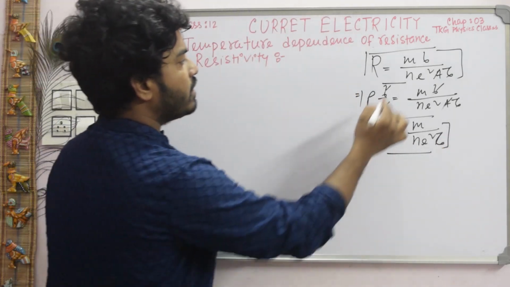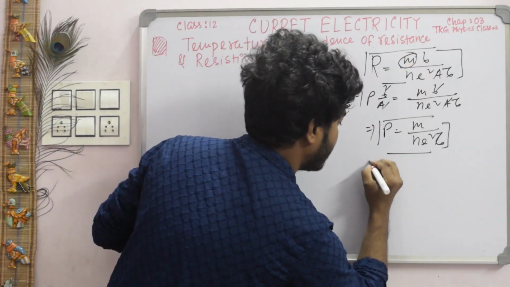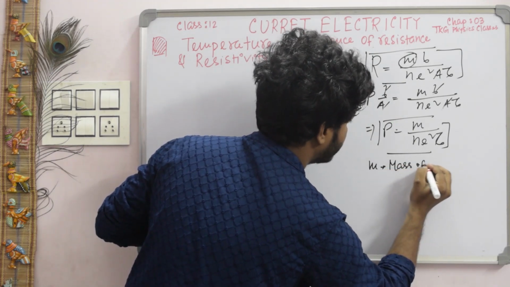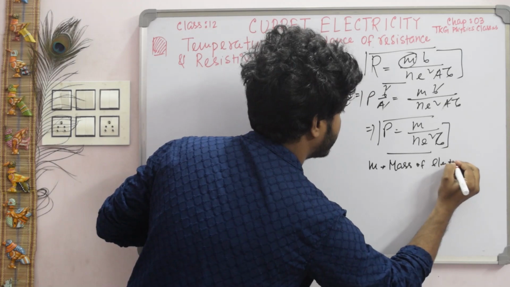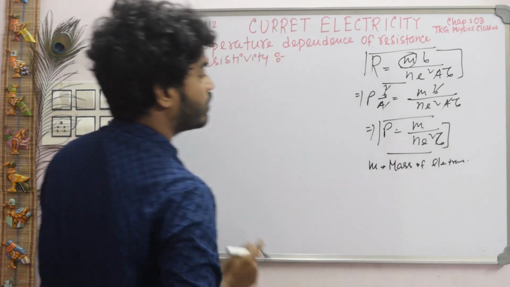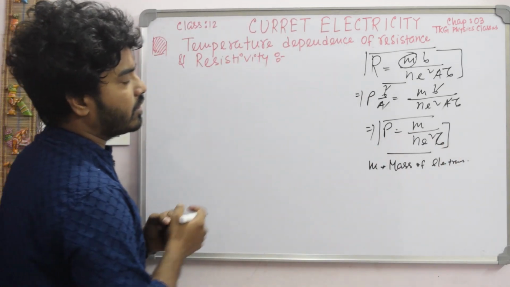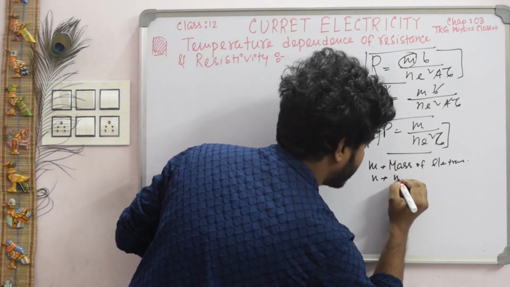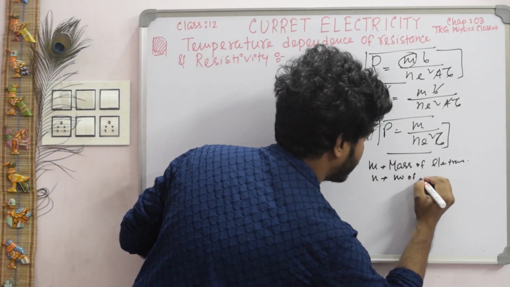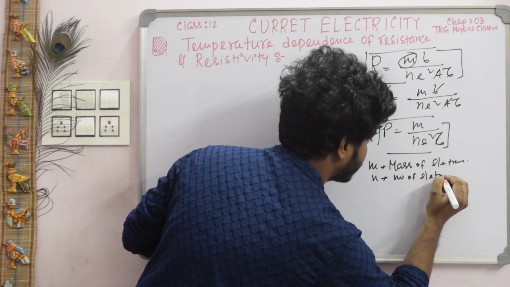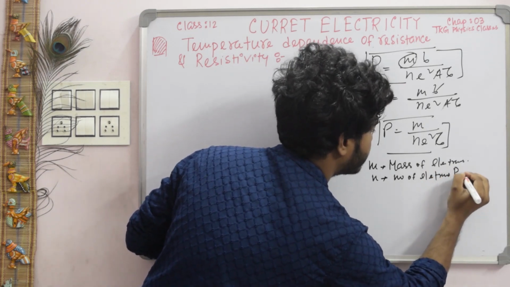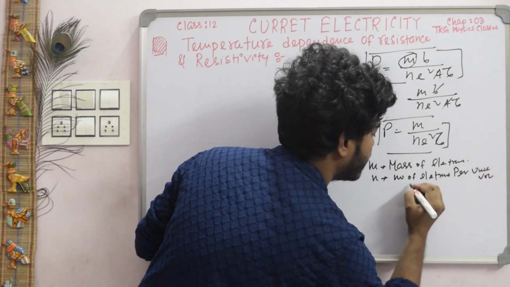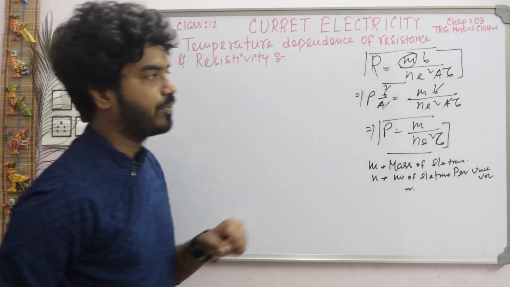Now what is m? Write it down. m is the mass of electrons, you can say mass of ions, mass of charge carriers. n is the number of electrons per unit volume, or you can say electron density.